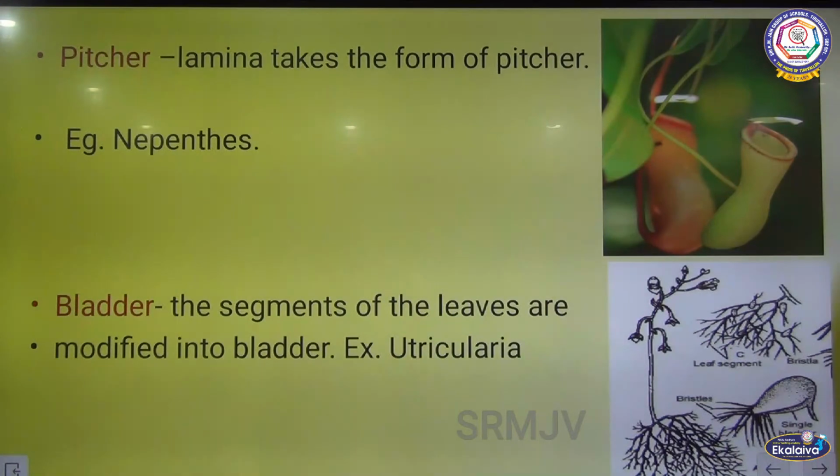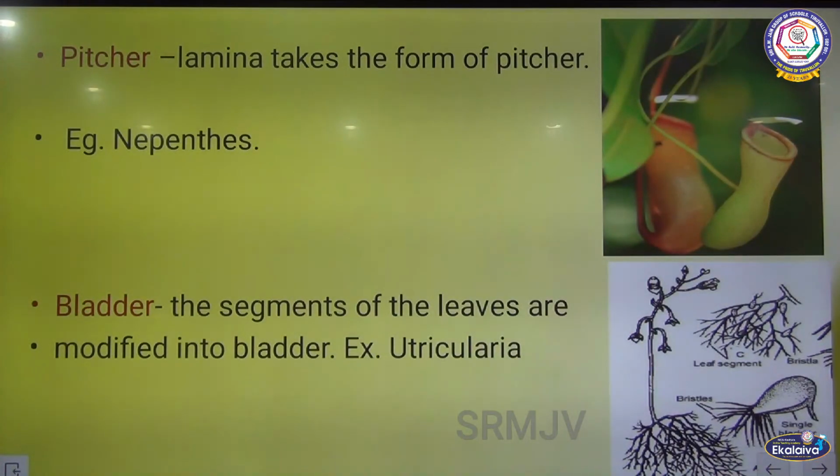In aquatic plants, for example Utricularia, you will find the leaf segments are modified into small bladder-like structures, and these are called bladderworts. Bladderworts, Utricularia, are rootless, free-floating submerged plants.